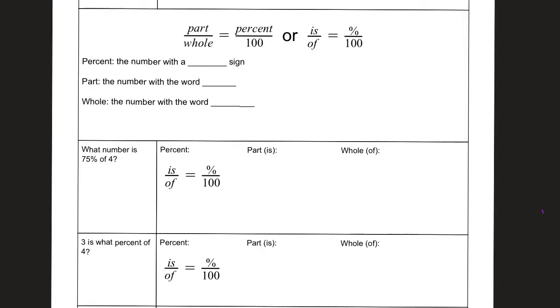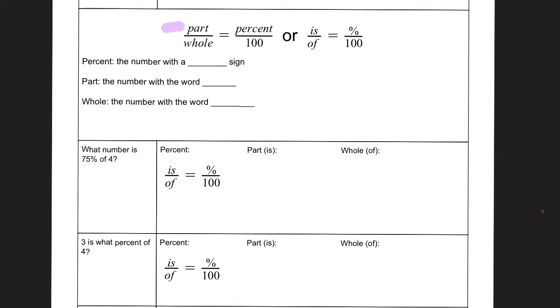Okay, and then we have the percent of a number, so 80% of students had the flu. There's 100 students, how many students had the flu? Something like that. So we kind of have two ways to say it. There's this one, or another one, they're kind of the same thing.